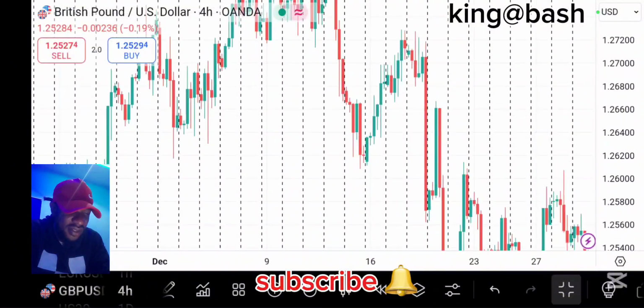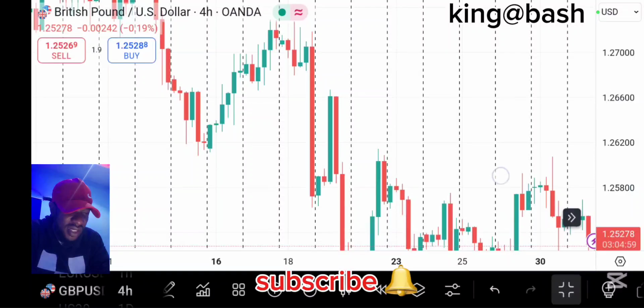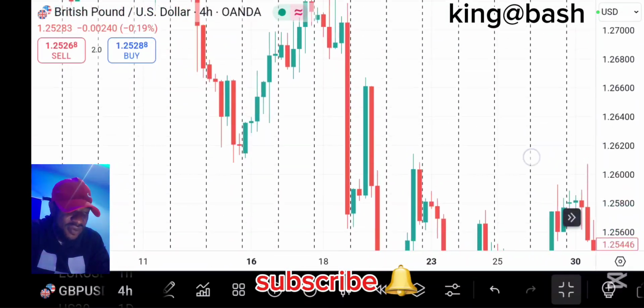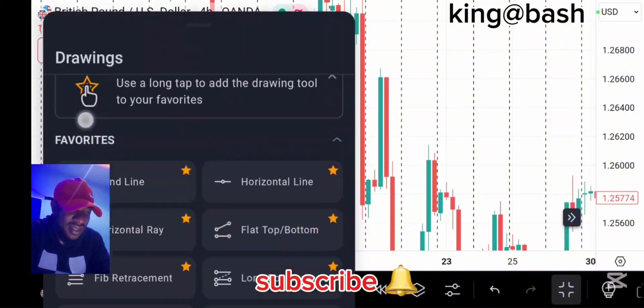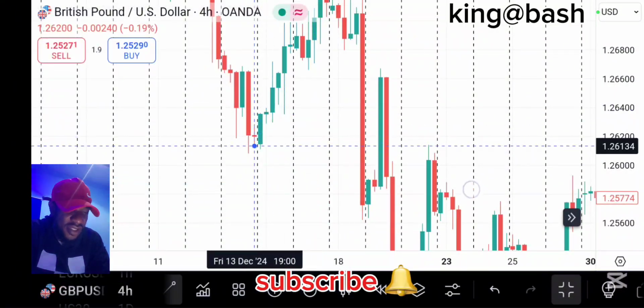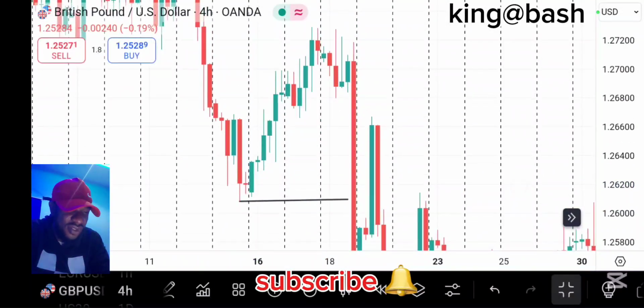Now here is GBP USD. From what I told you last time, this is what we call a break of structure here. Price was coming down, and immediately you see this aggressive break.